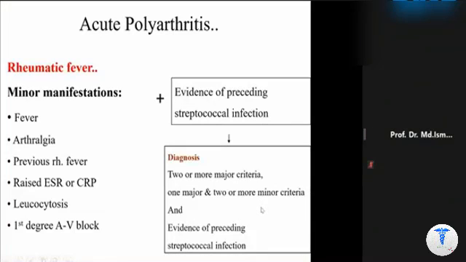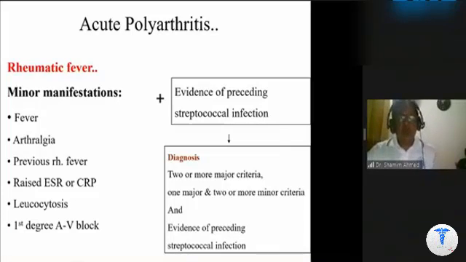But in most cases, mistakenly, when we see inflammatory polyarthritis or oligoarthritis, we diagnose the patient as a case of rheumatic fever. But there are 2 very important things to differentiate rheumatic fever from other inflammatory disorders. One is that in rheumatic fever, arthritis does not persist more than 2 or 3 weeks.